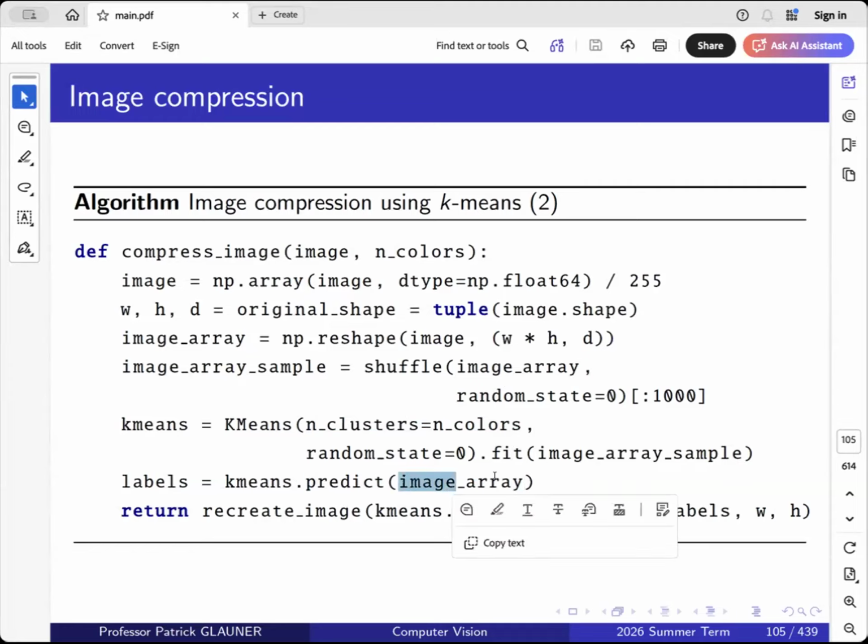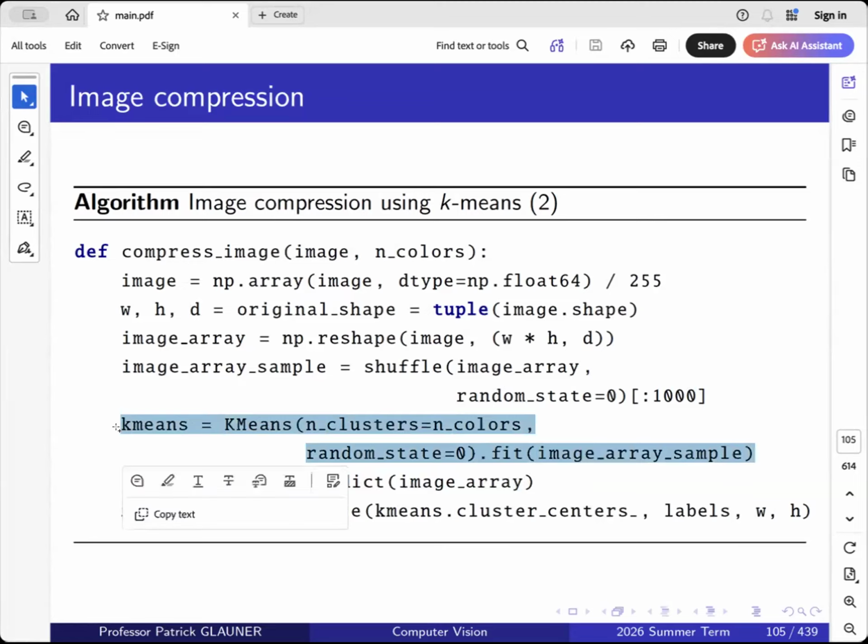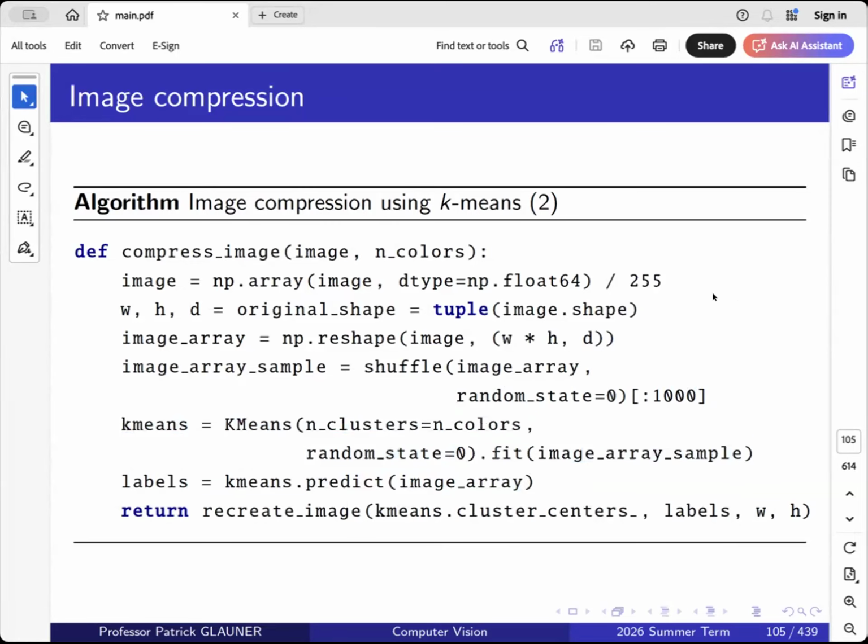Predict means I apply the clustering to every entry in the image array. So each pixel gets eventually assigned to a unique color, while k-means finds me the optimal or near optimal unique colors. And since I had reshaped this image into a format so scikit-learn can work with it, I need to convert it back and recreate it so that I have an image that can actually be visualized.